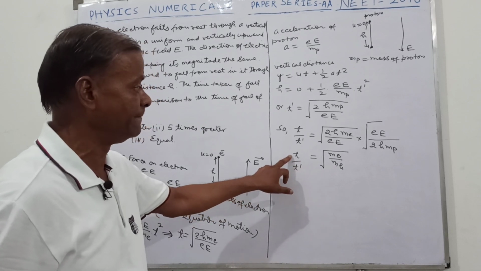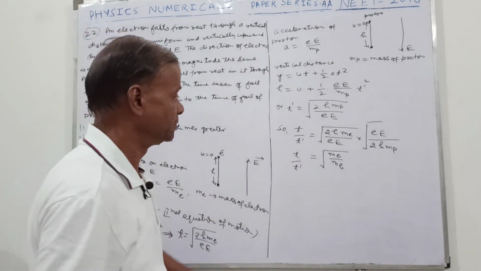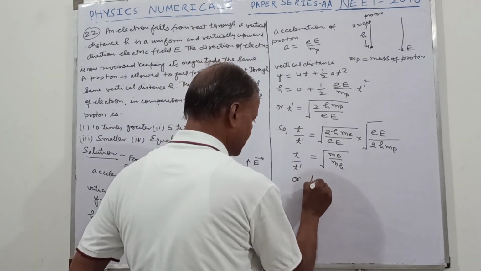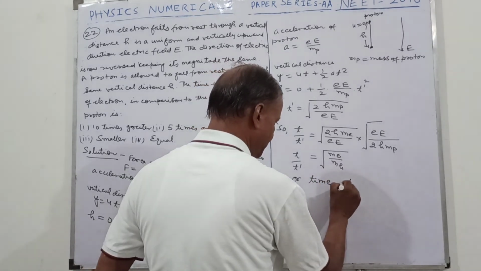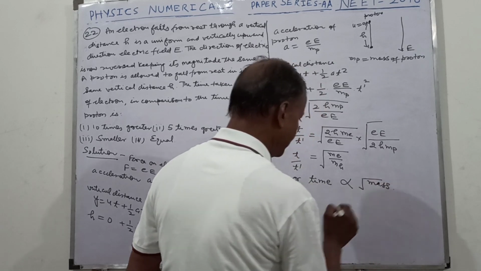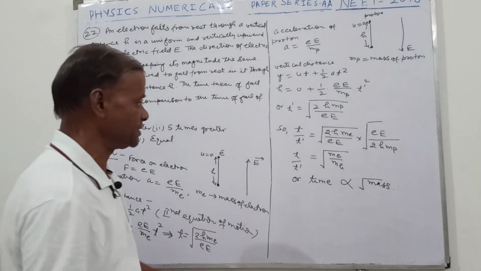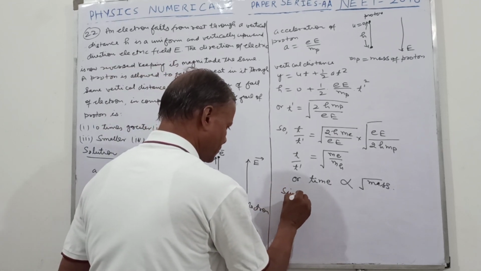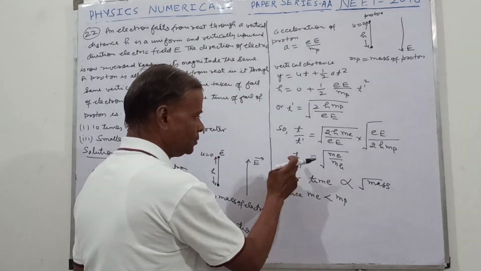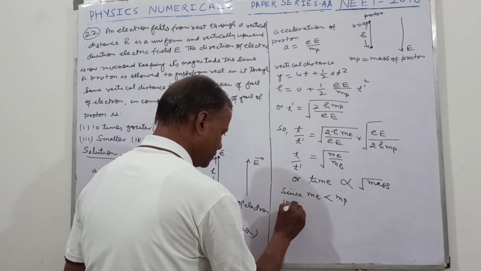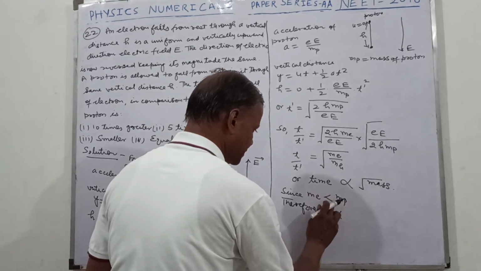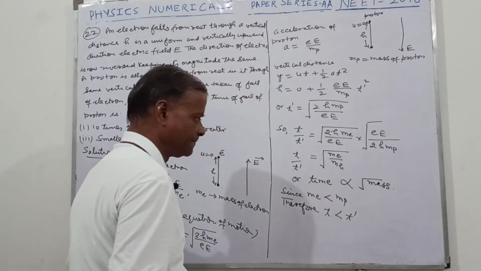It means that time is proportional to the square root of mass. So you can see, since me is less than mp, therefore T is less than T dash.